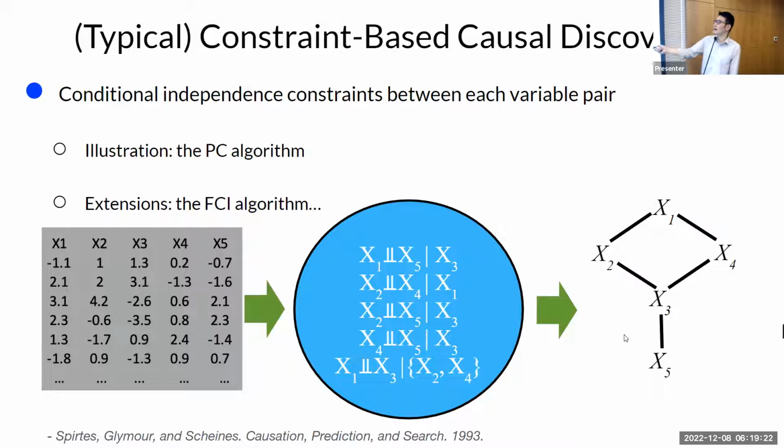In this case, x2 and x4 are independent given x1, not x3. Then this is the only way for them to be related to x3: they have to be causes of x3. Otherwise, they share information because, without conditioning on x3, they would not be conditionally independent. Then you can do propagation.